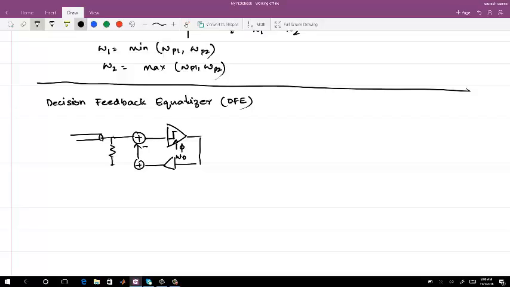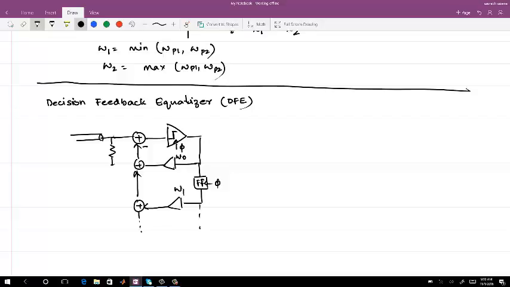Let's say this is all subtraction, and if you have more ISI to cancel, you just delay the bit, and this is W1. All these flip-flops are clocked at the data rate. This is the simplest implementation at a block level.